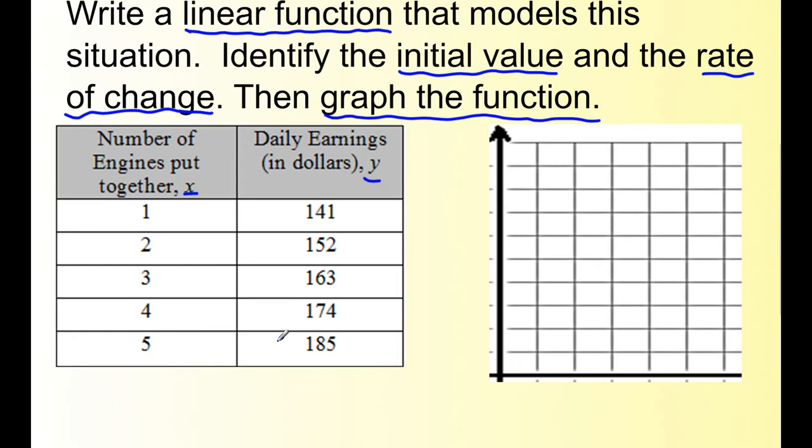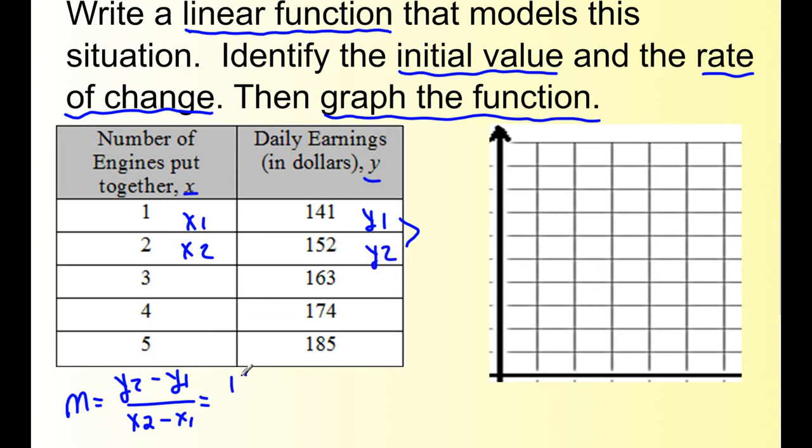So let's start with slope. To do slope, we need to use the equation for slope. M equals y2 minus y1 over x2 minus x1. This is our x values, this is our y values. So I'm just going to use these first 2 points. So this would be x1, y1, x2, y2.